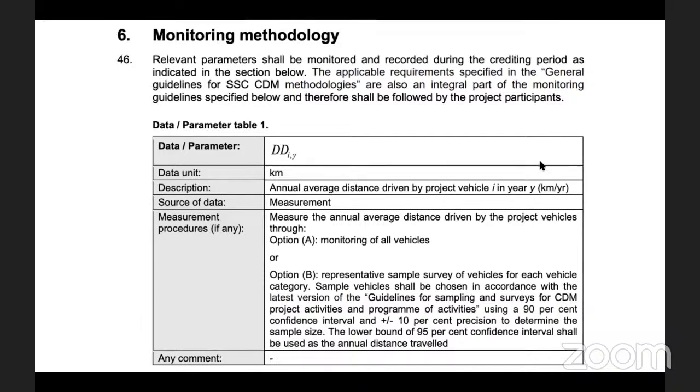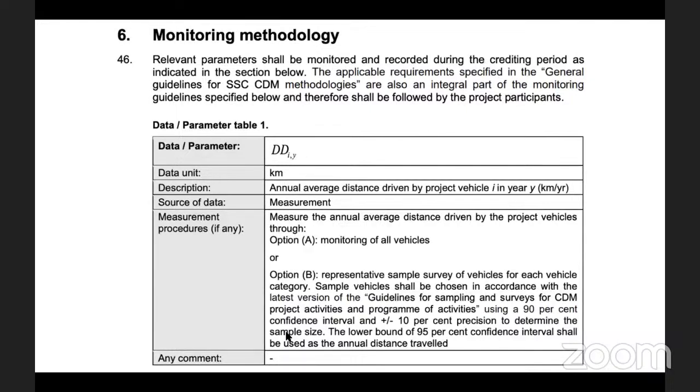The source of data is measurement. The measurement procedure: measure the annual average distance driven by the project vehicle through Option A, monitoring of all vehicles, or Option B, a representative sample survey of vehicles for each vehicle category. Sample vehicles shall be chosen in accordance with the latest version of the guideline for sampling and survey for CDM project activities and programs of activities, using a 90% confidence interval and plus or minus 10% precision to determine the sample size.